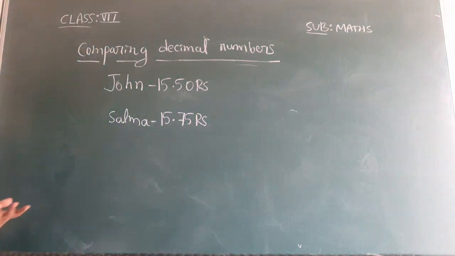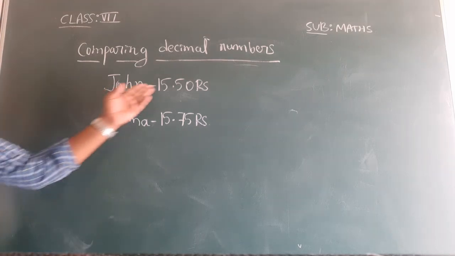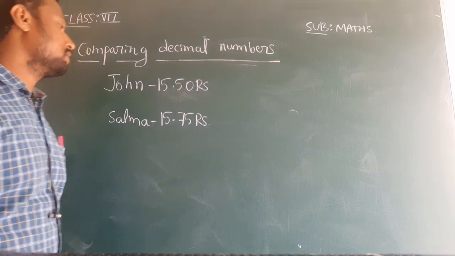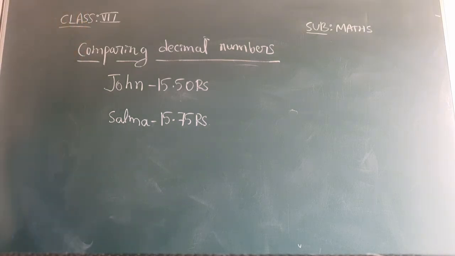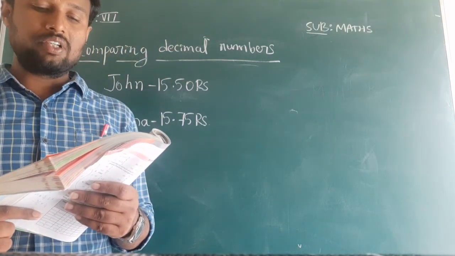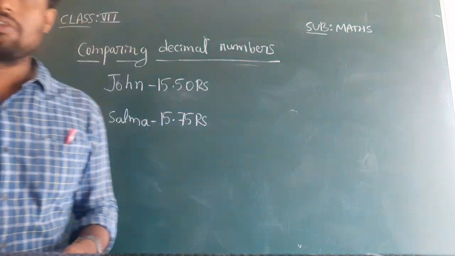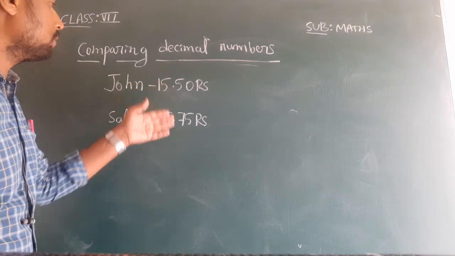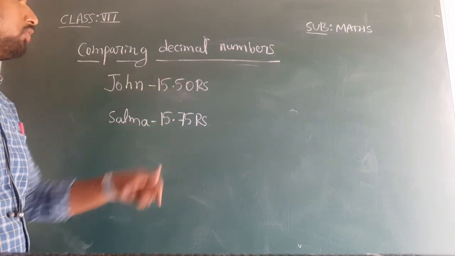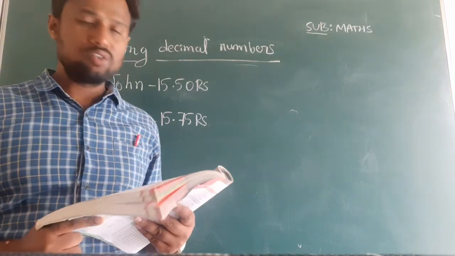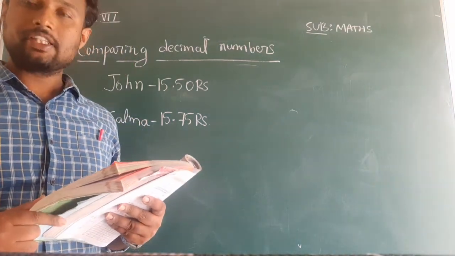So now we want to find out who has more money. To find this, we need to compare the decimal numbers 15.50 and 15.75. Let us see how to compare these decimal numbers.